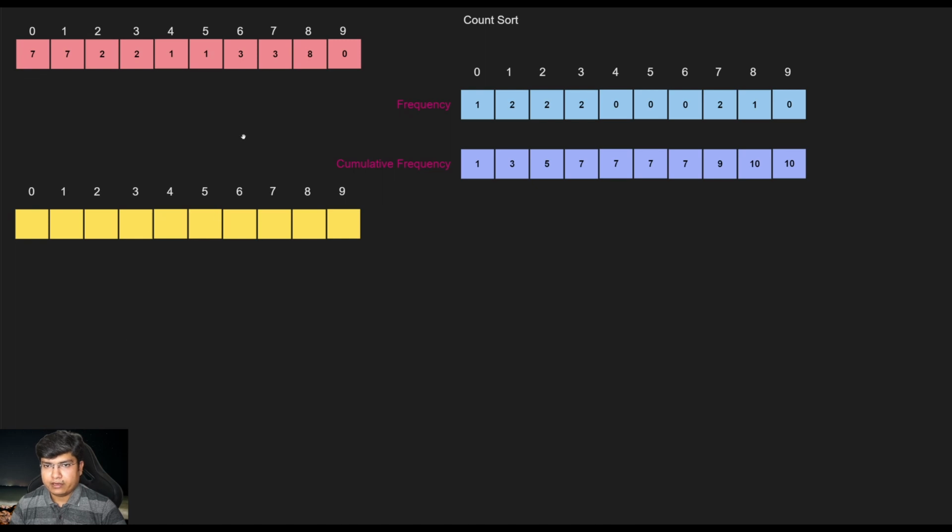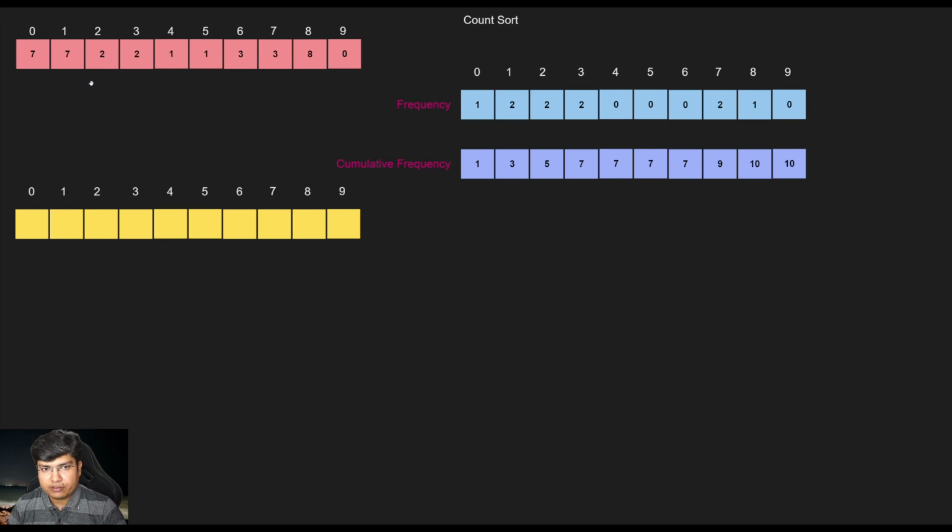When I spoke about stability and preserving the sequence of numbers as they appear in the original one, that's why we prefer to start from the reverse of the original array, instead of starting from the first. Even if we start from the left hand side of this array, it would still end up giving us a sorted array.